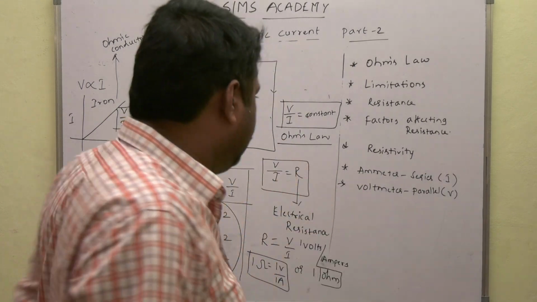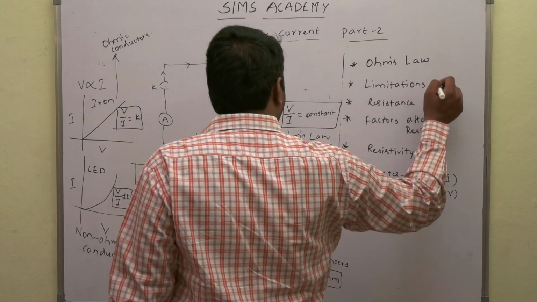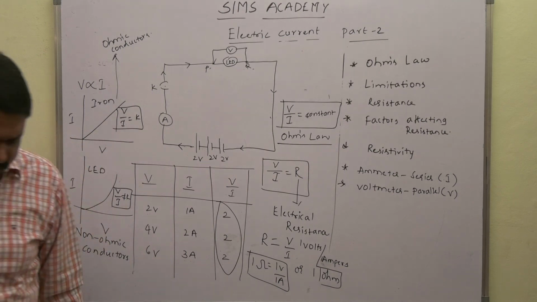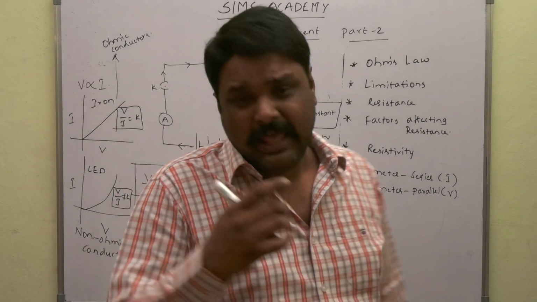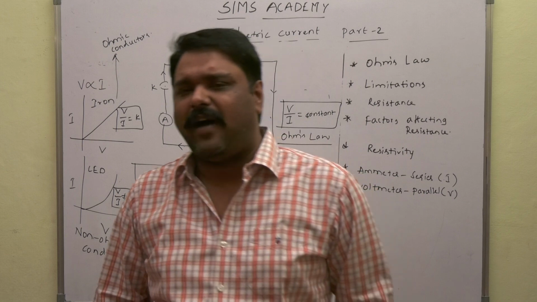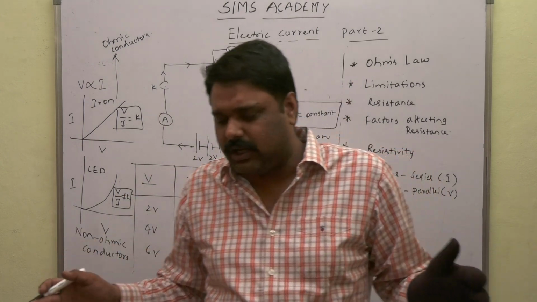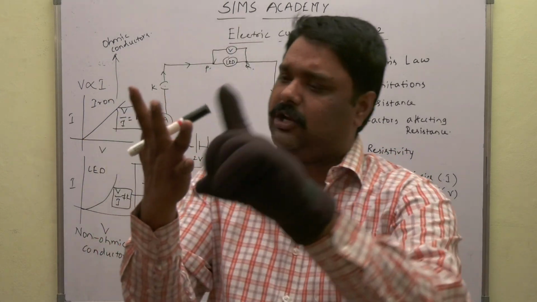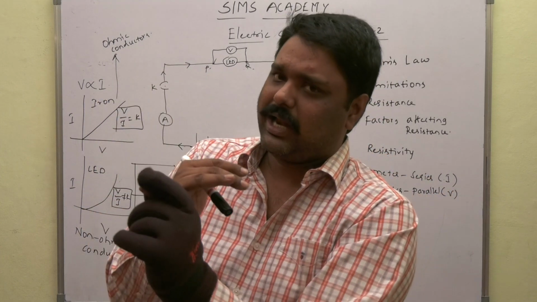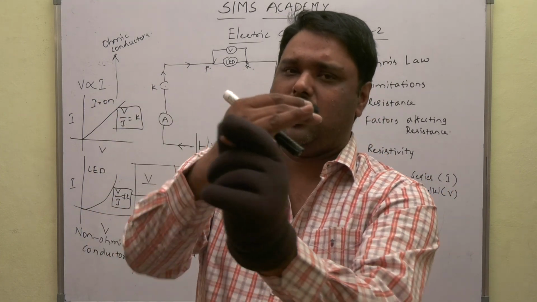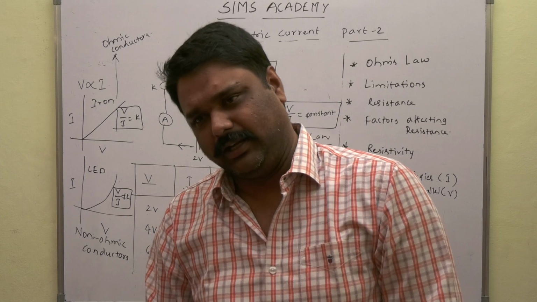Okay. Now, let us move on to the limitations of Ohm's law. Already we discussed the limitations. Based on Ohm's law we have classified the conductors into two types: ohmic conductors and non-ohmic conductors. Ohm's law is applicable only for ohmic conductors.